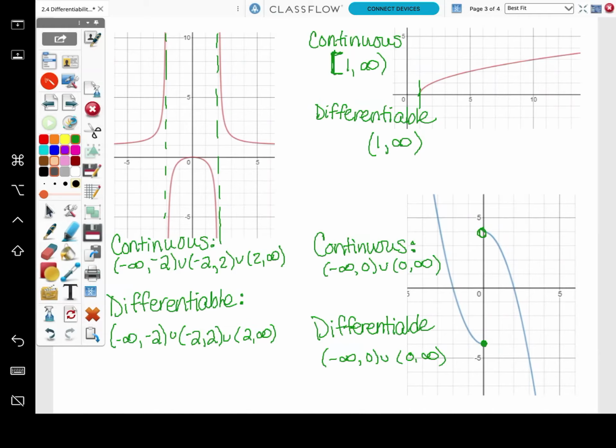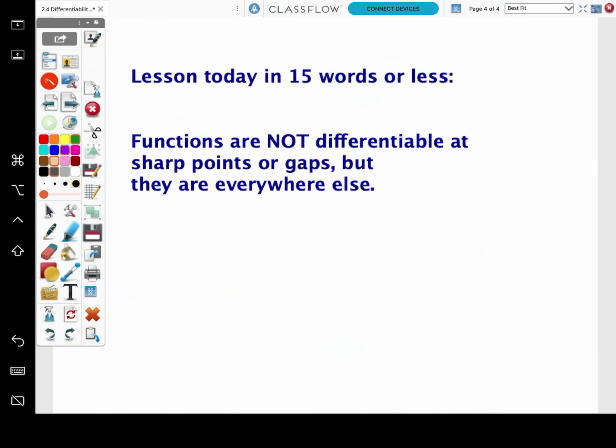Okay, so not super difficult, just keep in mind where those vertical asymptotes and jumps and sharp points are. So if you were going to wrap up today's lesson in 15 words or less, functions are not differentiable at sharp points or gaps, but everywhere else. Okay, and of course gaps are asymptotes as well. So that's kind of the short version, but talking about those graphs, super important.